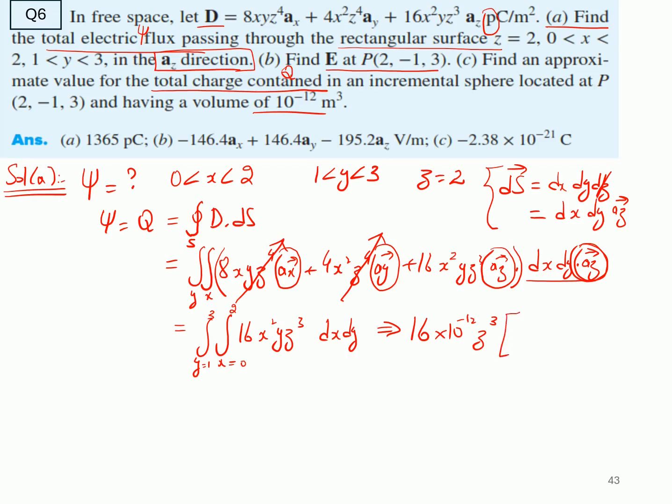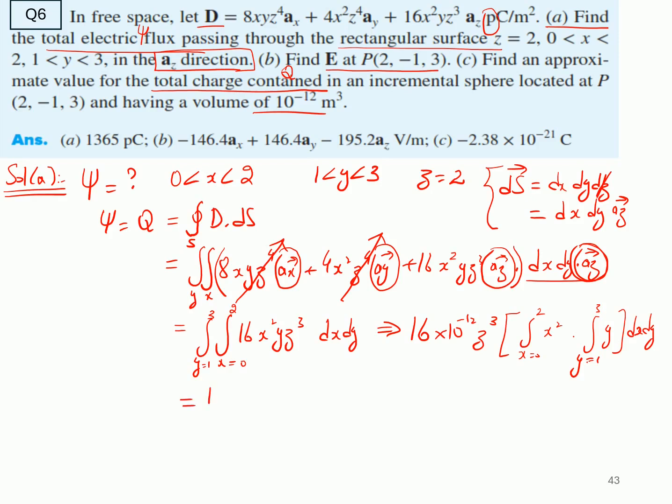Now my integral will be with x from 0 to 2 of x squared, and then the integral for y from 1 to 3 of y, with dx and dy.